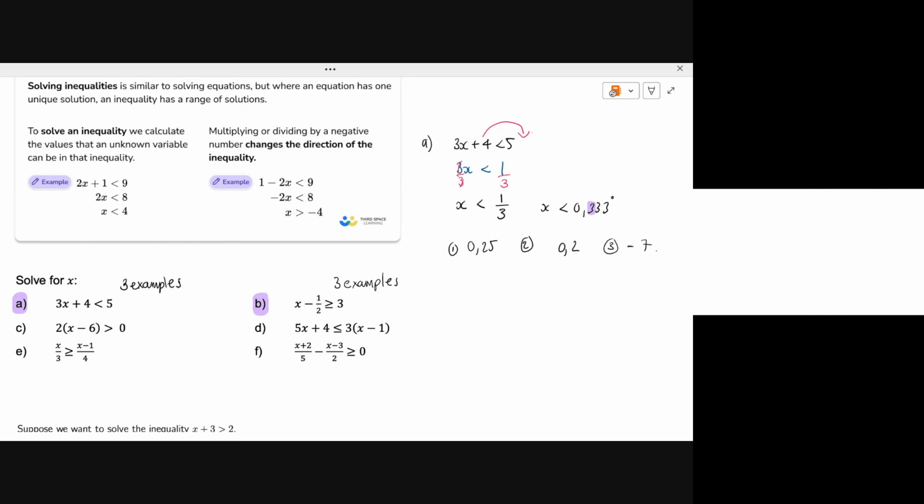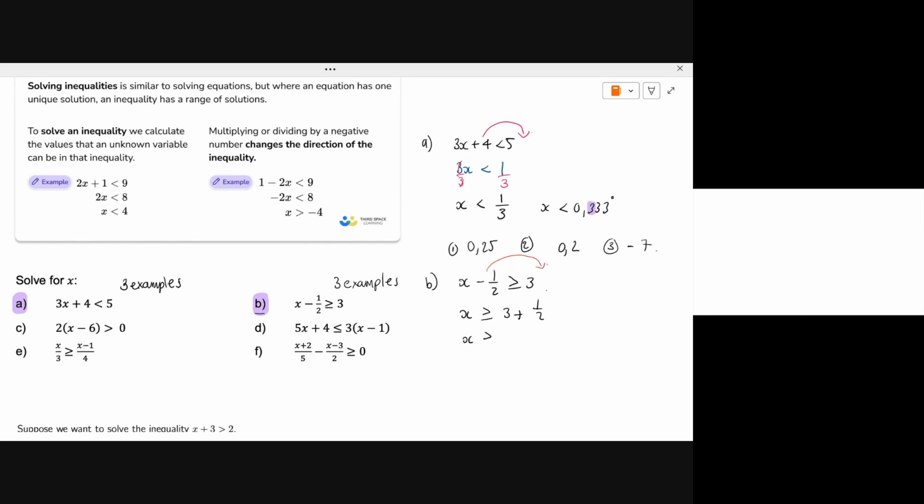Okay, let's have a look at B. If I'm solving for B, I'm going to take x minus a half is less than or equal to 3. I'm going to take the negative a half over to that side, and it's going to become plus. So x is going to be less than or equal to 3 plus a half, which is the same as 3.5.